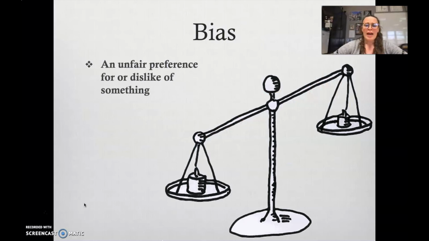Bias is when an article or an author has an unfair preference for or dislike of something. It's just something to be aware of. Most people have some sort of bias somewhere. What you want to be on the lookout for, though, is if the research is being done by a company that has a special interest in it.